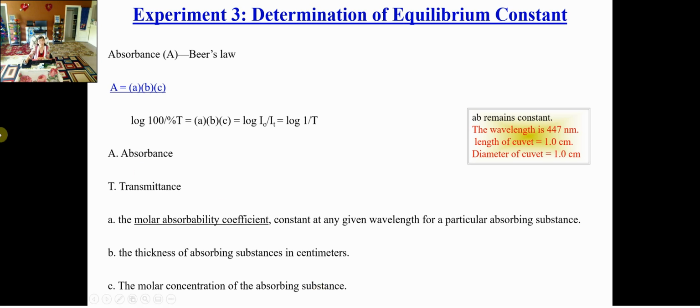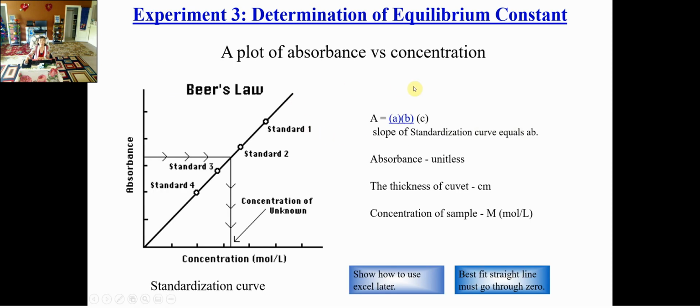In your particular experiment, you are going to choose your wavelength. I believe it's 447 nanometers. You are going to use a cuvette with a length of 1.0 centimeter. First of all, you are going to do the calibration curve.